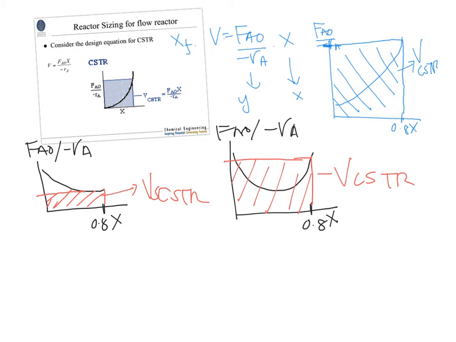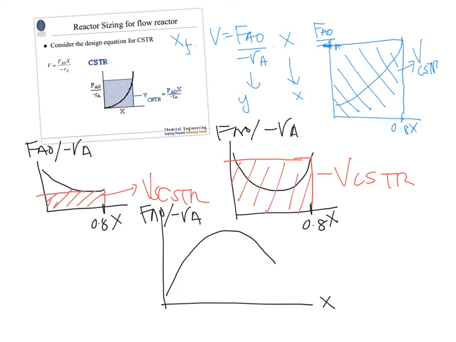Okay, another example. Let's say your plot will be something like this, with X and FA0 over minus RA, and your conversion is here, 0.7, let's say.